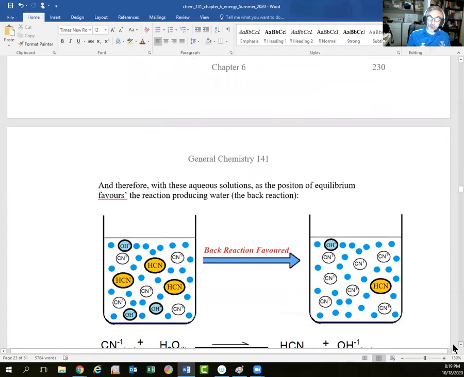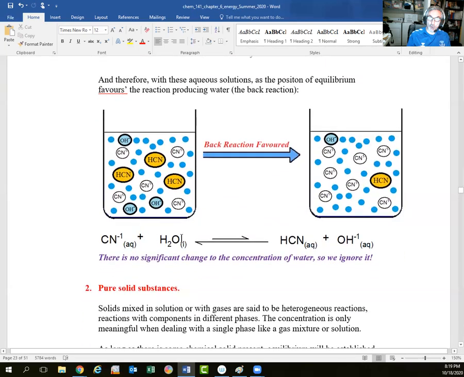And so the fact that this reaction either uses up water in the forward reaction or produces water in the back reaction isn't really going to have a dramatic effect on the concentration of water in the solution, because we already had lots of water by dissolving those chemicals in water. So that water which is produced or used is insignificant compared to the total concentration of water in the system.